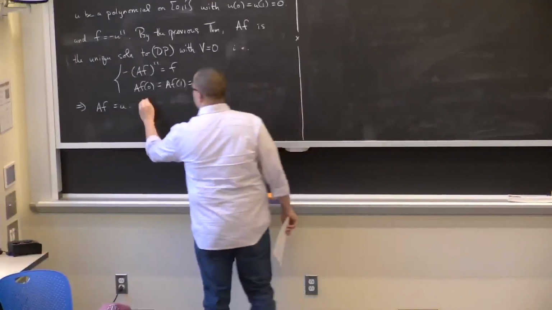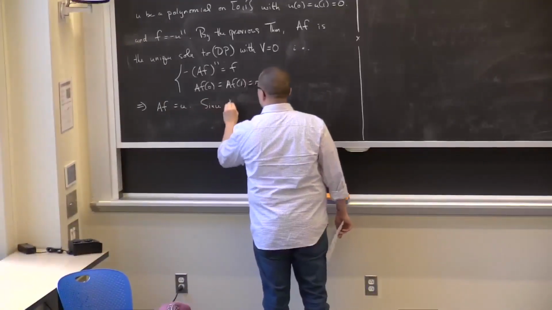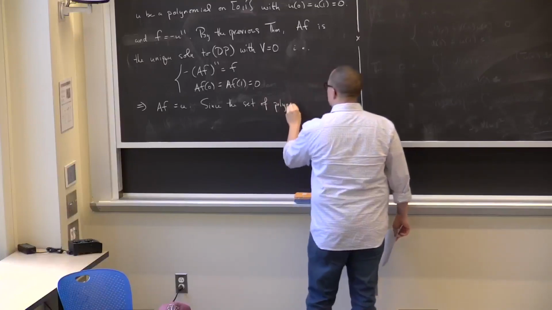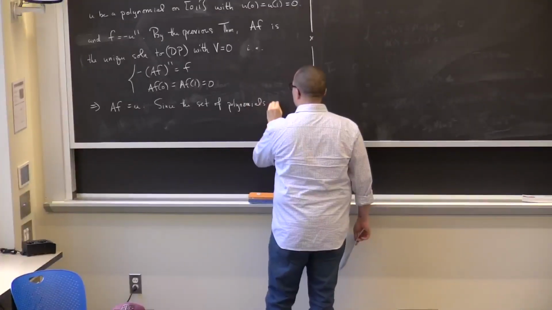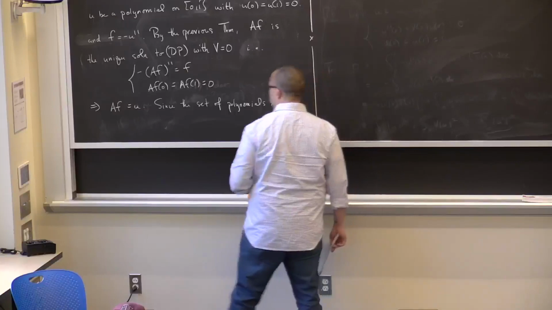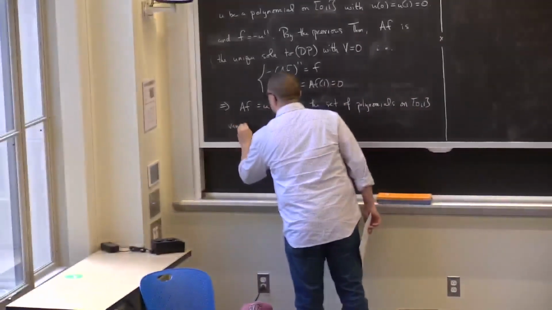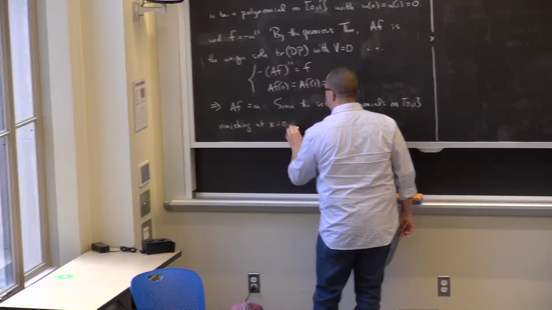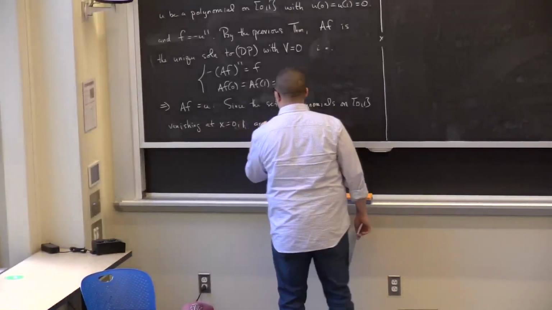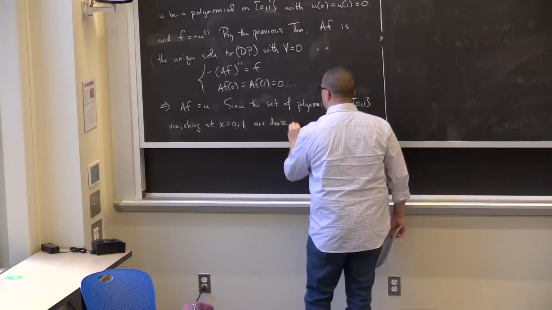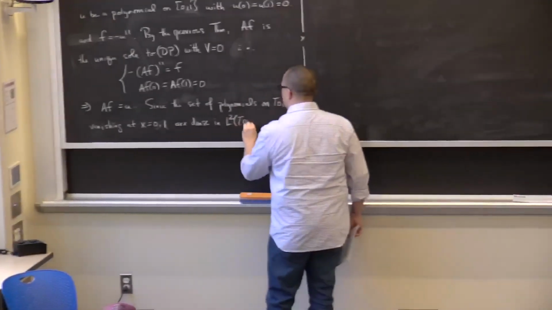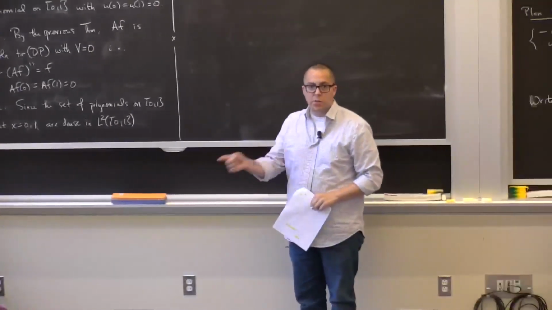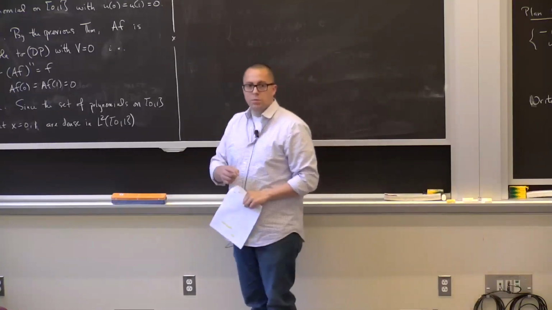Now, the set of polynomials on 0, 1 vanishing at x equals 0 and 1 are dense in L2. Now, why is this? This is because we know that continuous functions that are vanishing at the two endpoints are dense in L2, right?